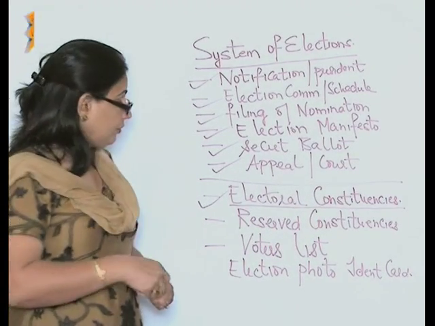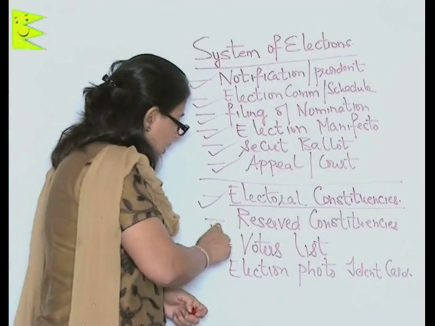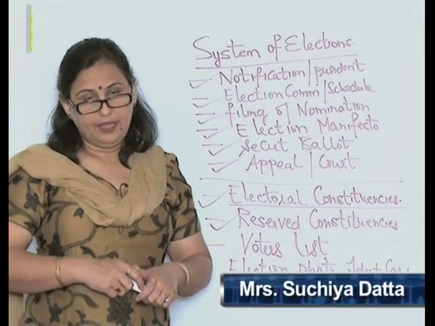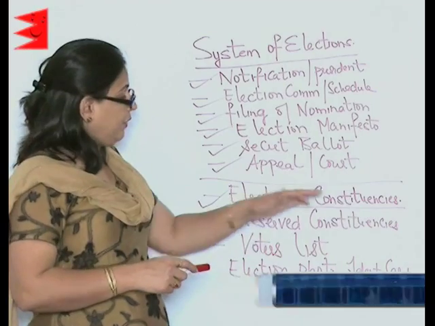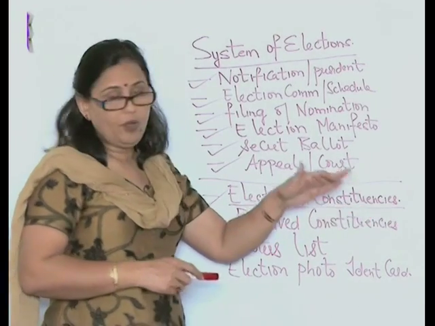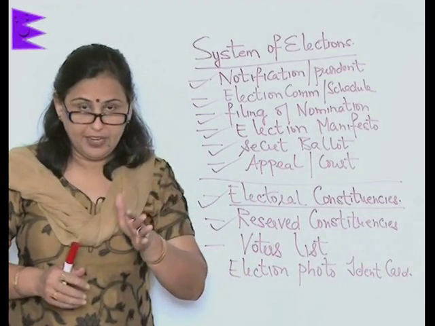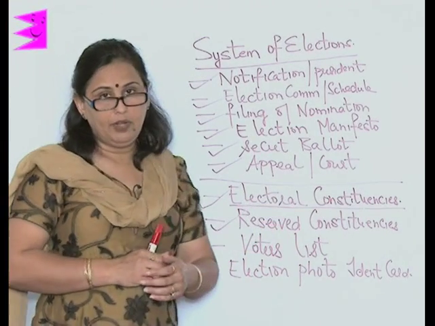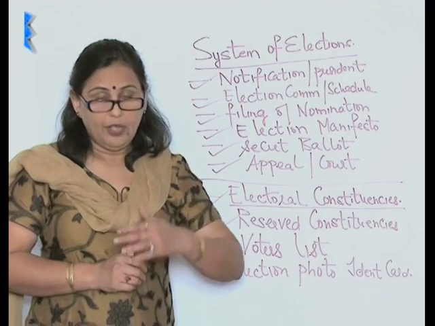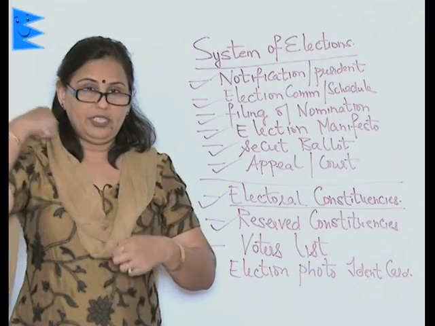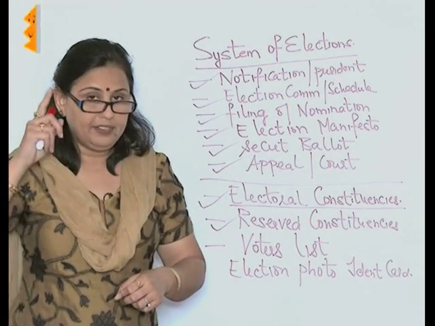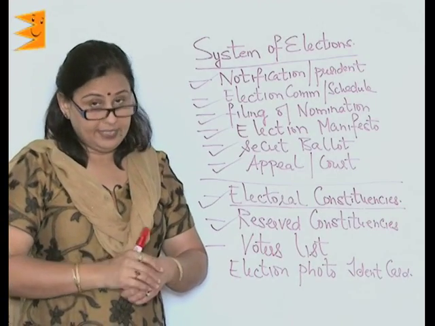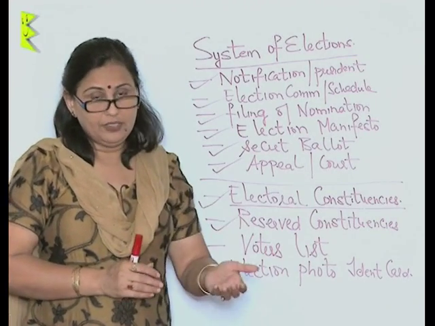Further, there are certain reserved constituencies. Now, when the division has already been made on the basis of area, political area, constituency, there are some people who are downtrodden, who've been oppressed since ages, and they do not get the chance to contest elections.